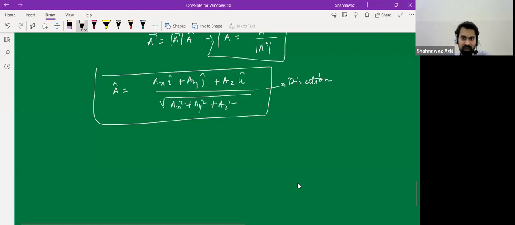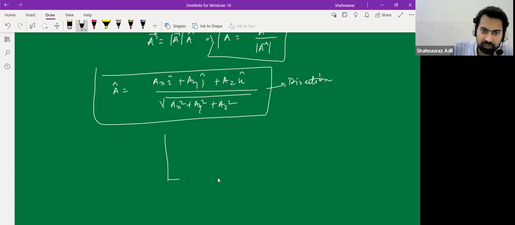We will need only this part. So let's say that you have these two vectors. You have this vector, which is at point 4 comma 2, and this vector, which is at point 3 comma 4.